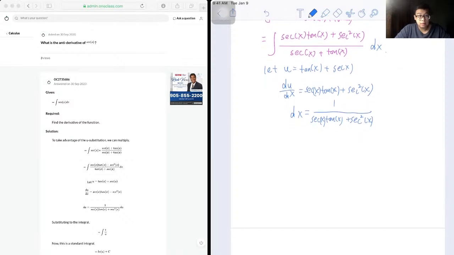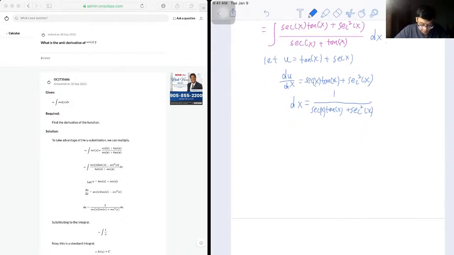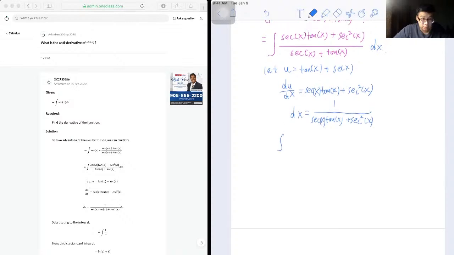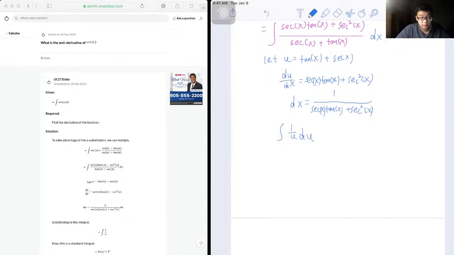Substituting this back will give us the integral of 1 over u du.